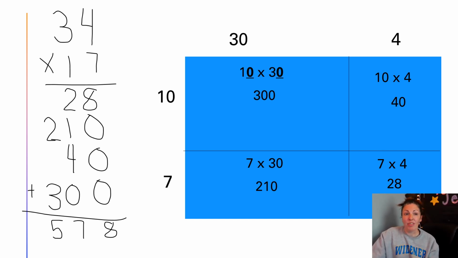So look at that. Even though this problem might be a little bit intimidating at first, remember that we have the tools of using an area model and using mental math to help us break this problem down and figure it out in a much less scary or intimidating way.